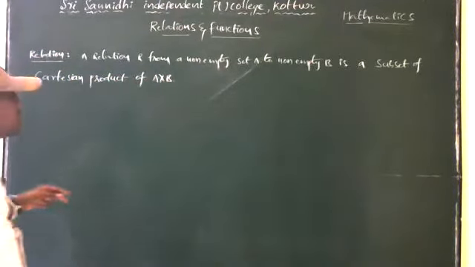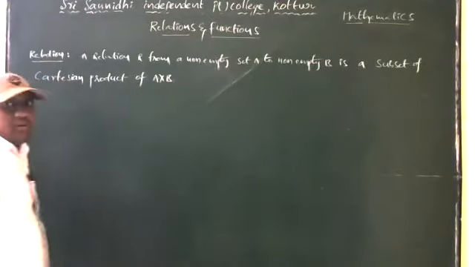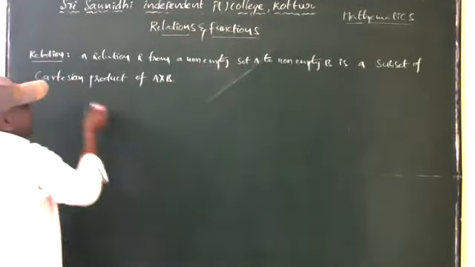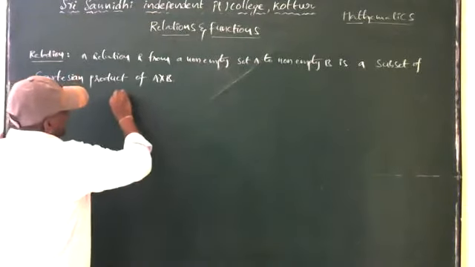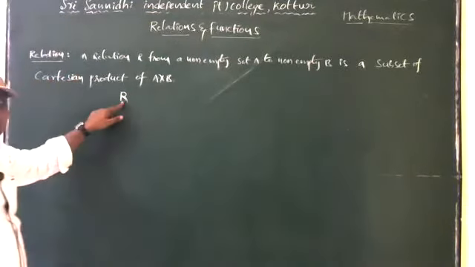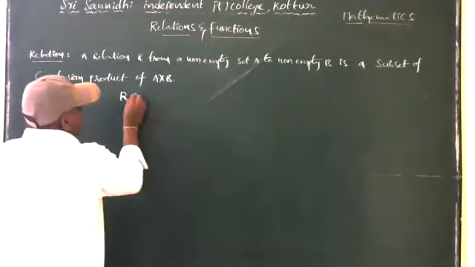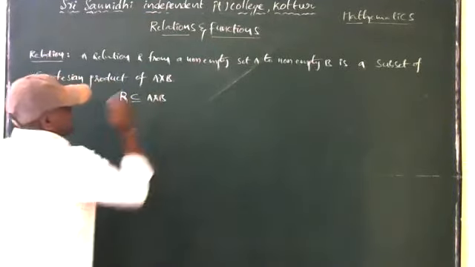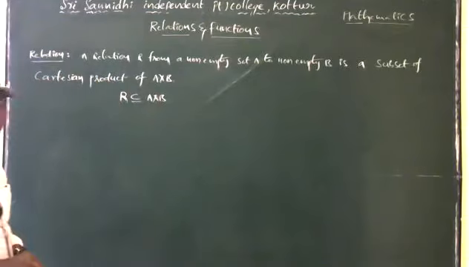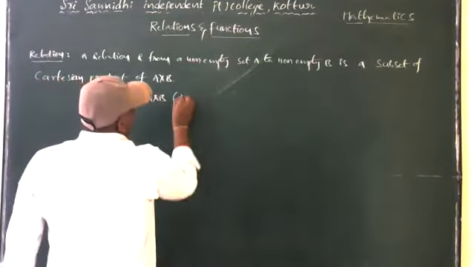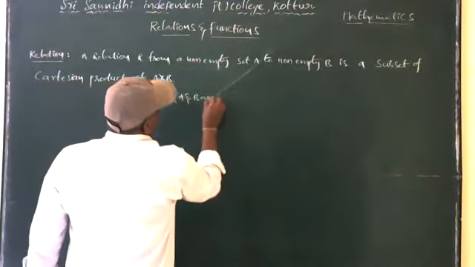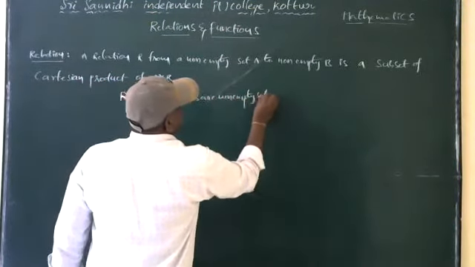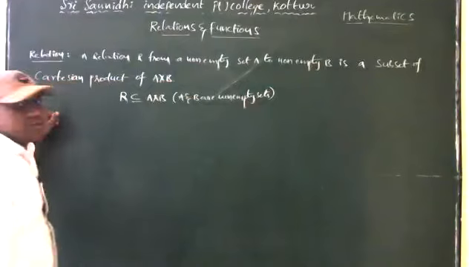Subset of Cartesian product of two sets. That means we represent any relation capital R like this: a subset of or equal to the Cartesian product of two non-empty sets, A cross B. Here A and B are non-empty sets. Right? This is the definition of relation.